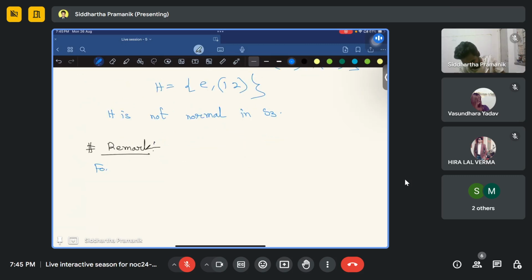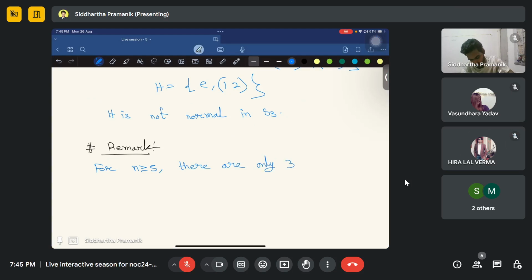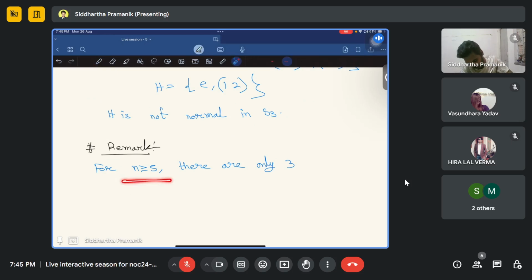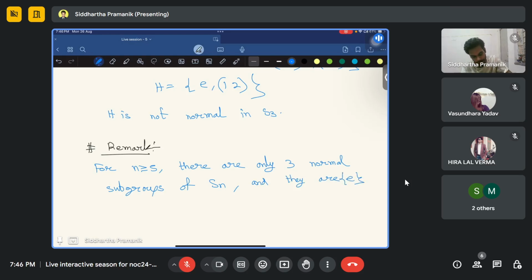So for n greater than or equal to 5, there are only 3 normal subgroups of Sn, and they are obviously the singleton set identity, the trivial group.